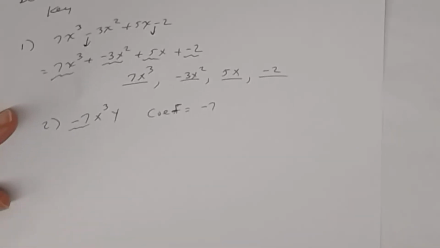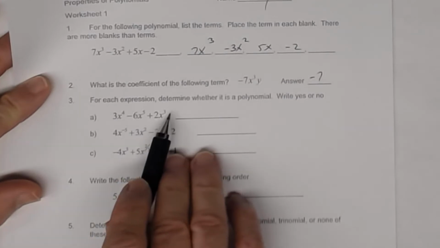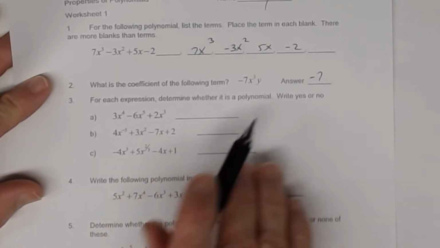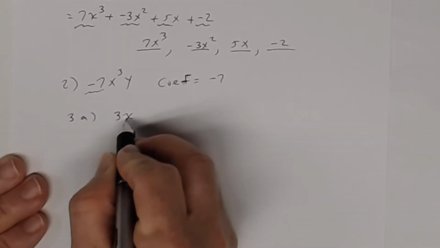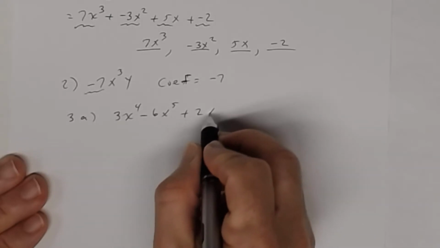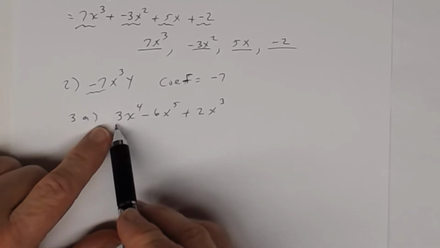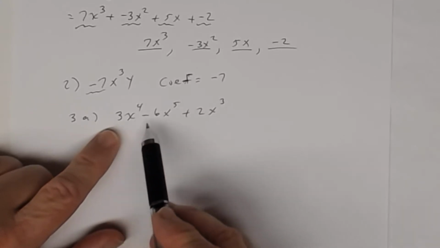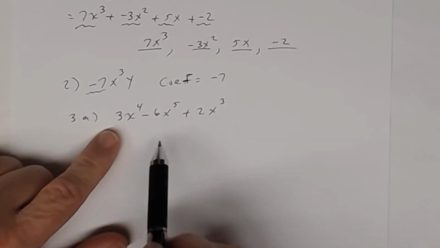Not 7, negative 7. Okay, number 3, it says for each expression, determine whether it's a polynomial, and then just write yes or no. So let's go to number 3a. So 3a, we have 3x to the 4th minus 6x to the 5th plus 2x cubed. So this is a polynomial because each of those terms are monomials. So we have a monomial, and negative 6x to the 5th is a monomial, and 2x cubed is a monomial.